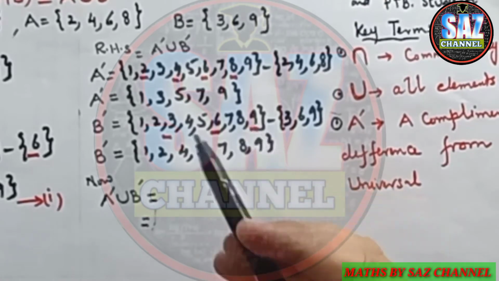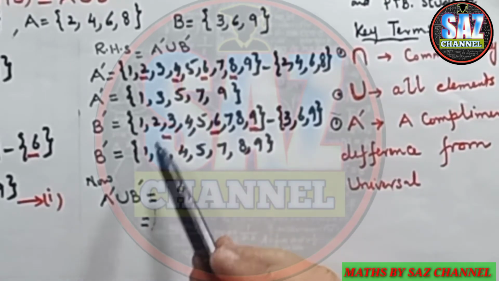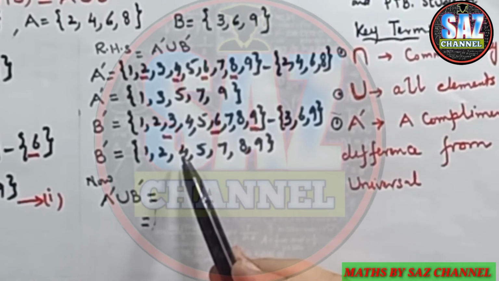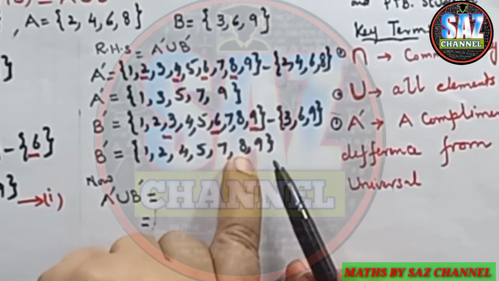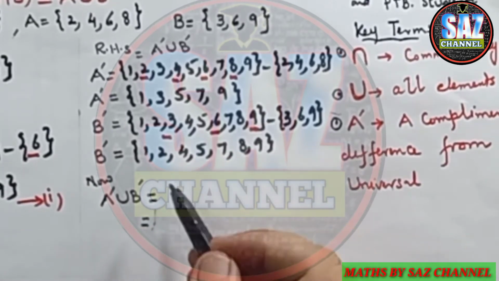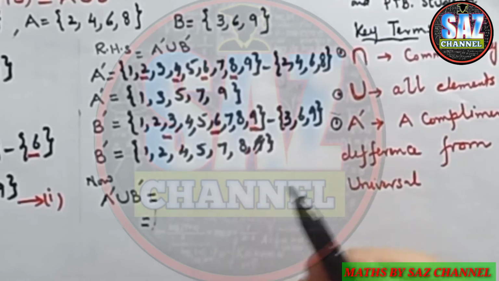And finally we have to take the union. Sorry, 9 is in both the sets, so 9 will not be coming.